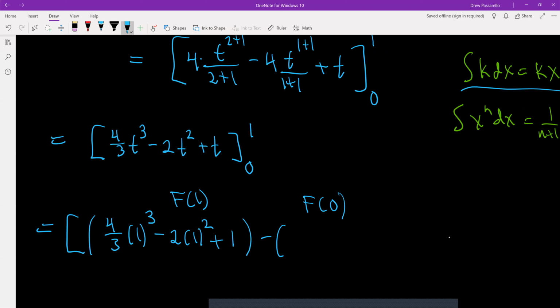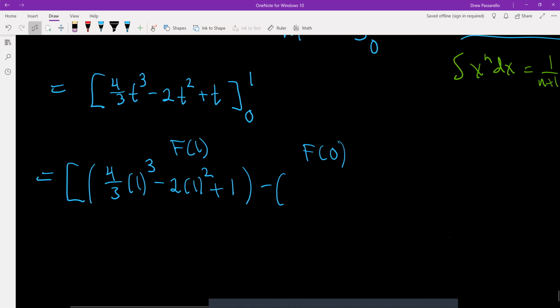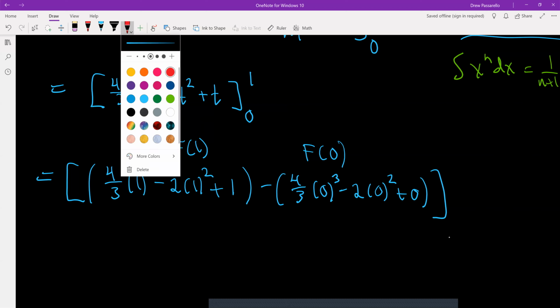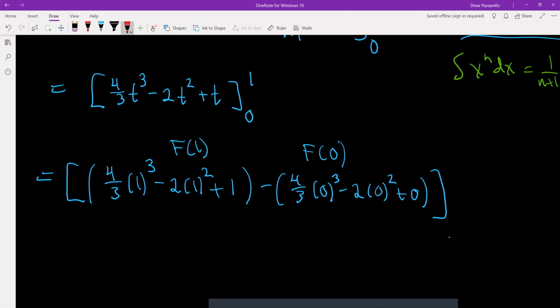Now notice when you plug 0 in for t, all of the stuff goes away because it all involves the variable t. But I'll just go ahead and write it for now. So anytime my antiderivative has only t involved, anytime you plug 0 in, it becomes 0.